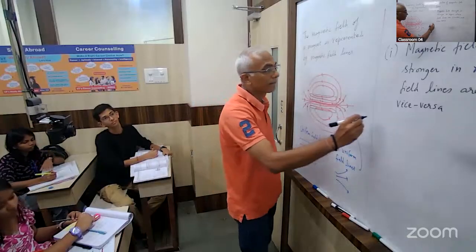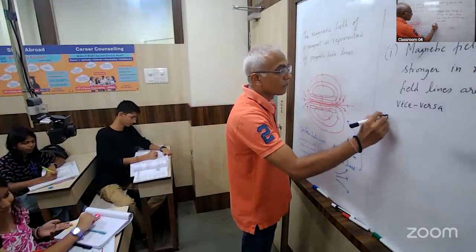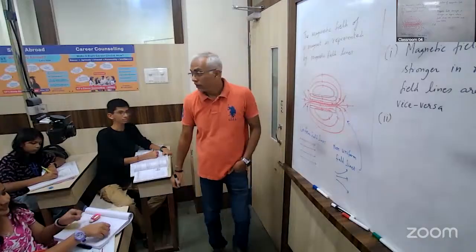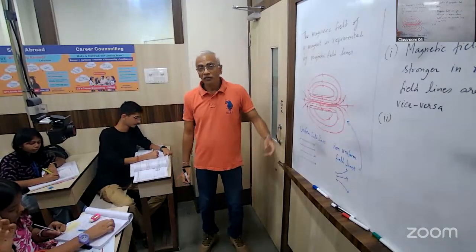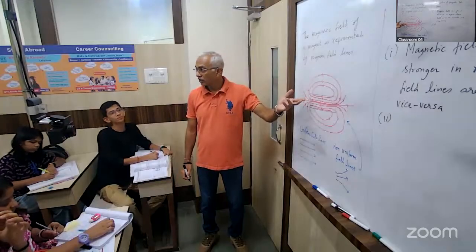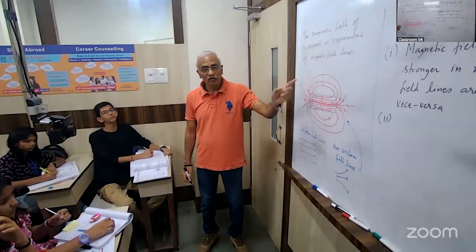Second, it is a vector quantity. So it has well-defined magnitude and direction at every point in the region around the magnet.